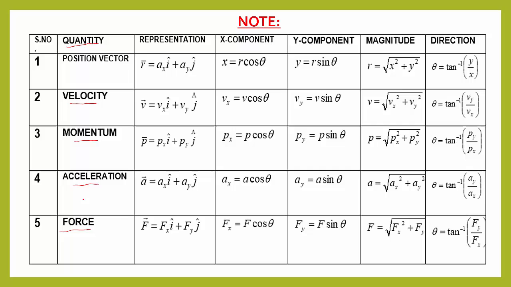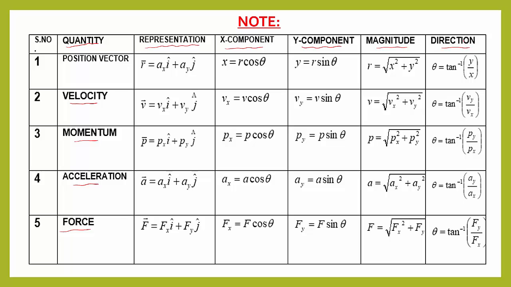These are some examples of physical quantities. Then we represent these physical quantities along the x-axis and y-axis, because we consider only two dimensions. For a plane, we can represent these physical quantities along the x and y-axis. Then how to write its x component and y component, its magnitude, and direction.